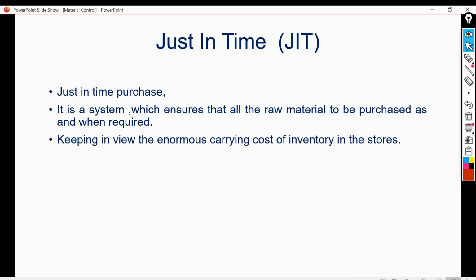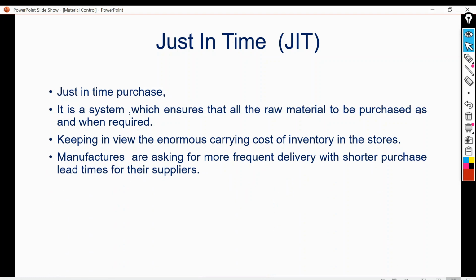In this situation, whenever material is required, at that time the material is purchased, keeping in view the enormous carrying cost of inventory in the stores, because purchasing before time requires carrying cost and storage cost for any production house.